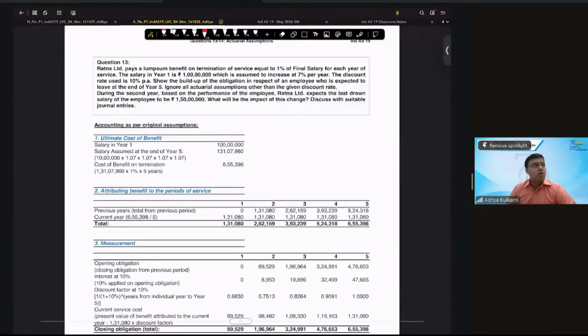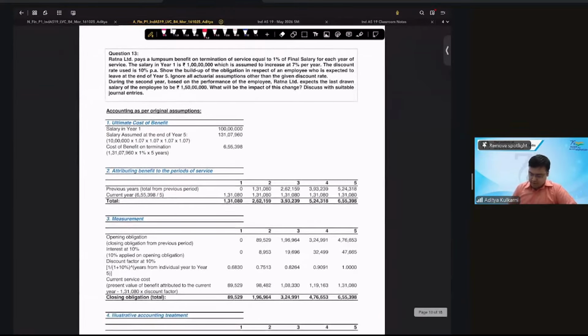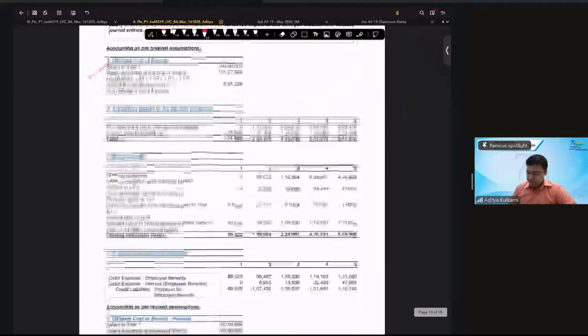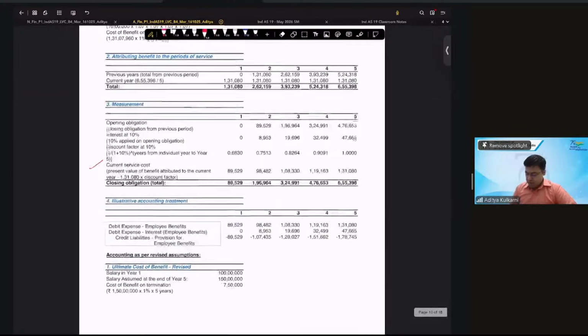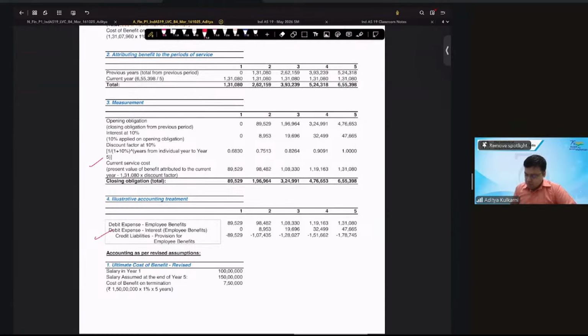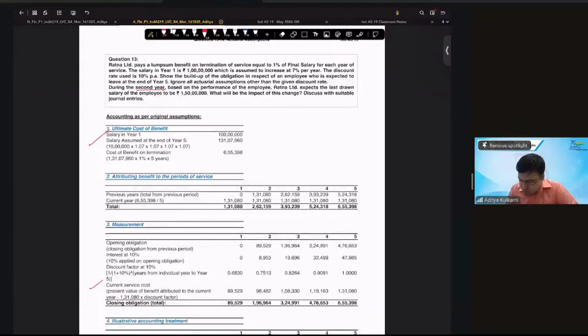Now we will run through the question. This part everybody would have understood: 6,55,000. The build up also we would all have understood. Now, in year two, they estimate the salary to be 1.5 crores.